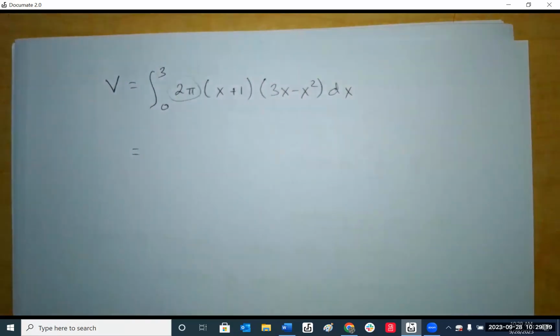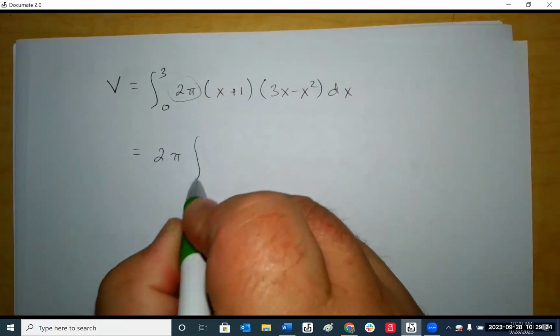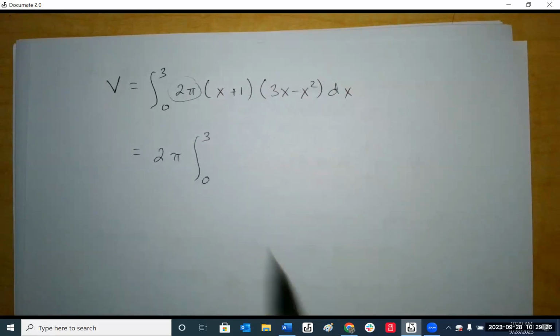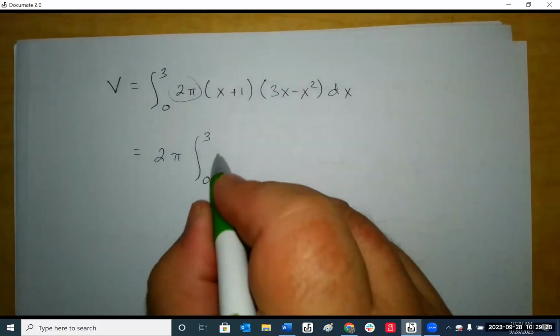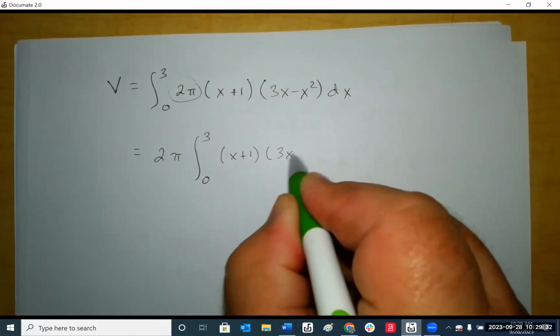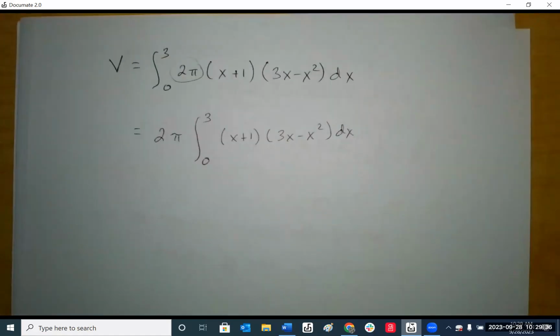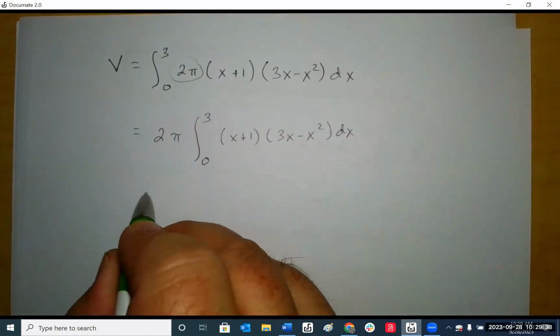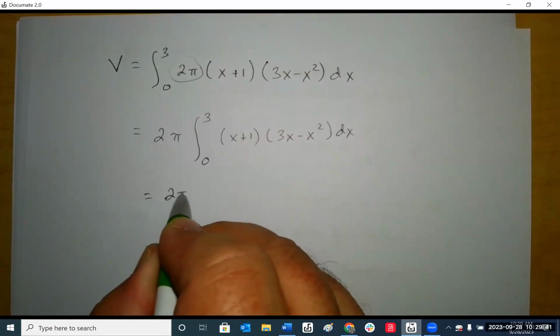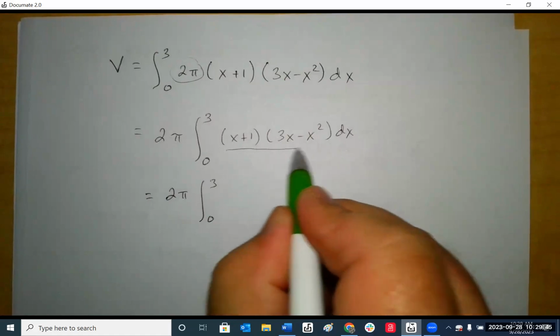Two pi is a constant, so it can go out in front. And let's go ahead and FOIL these.